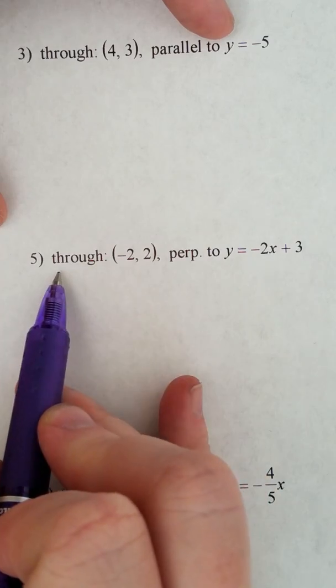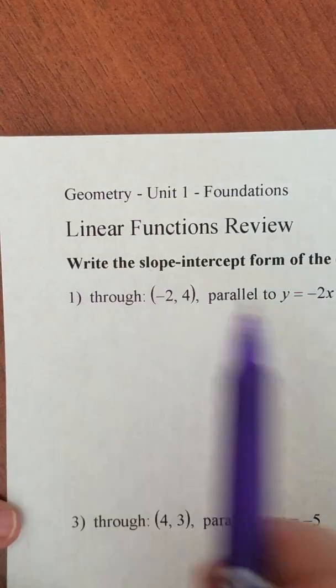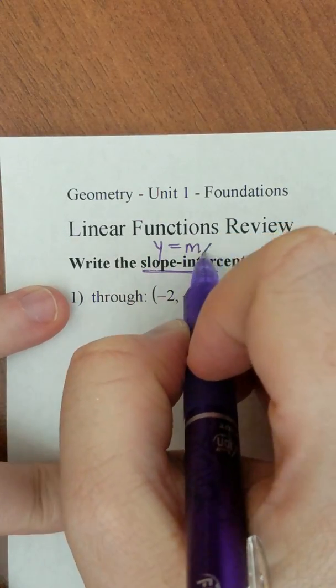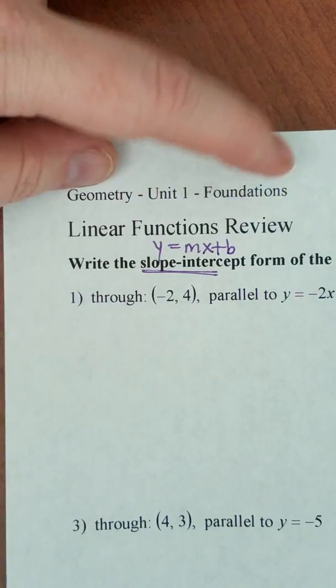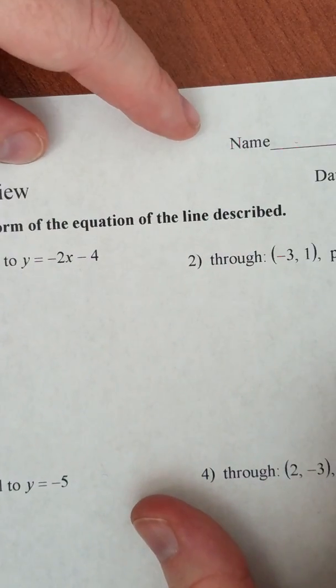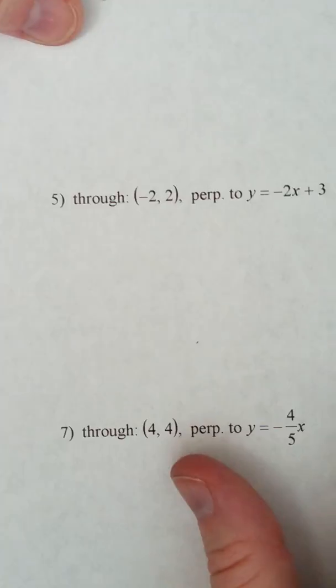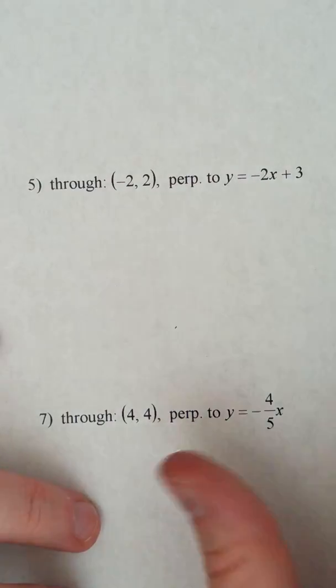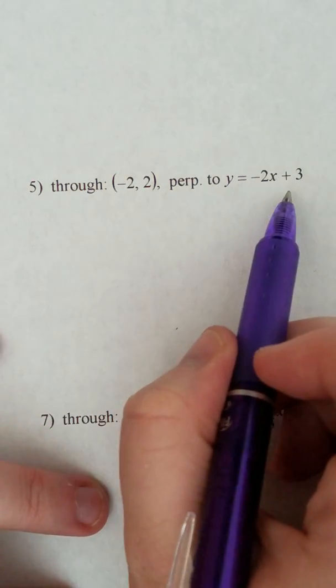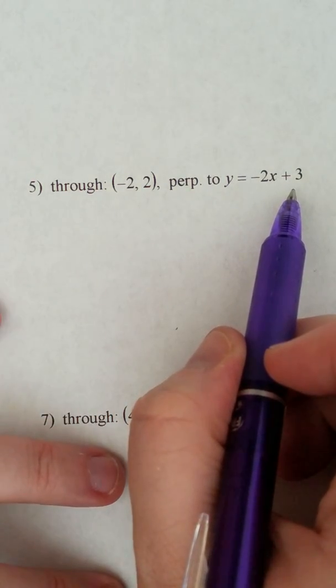So here I need to write the equation of a line according to my directions. I need to write the slope-intercept form, which we know is y equals mx plus b. I need to write the slope-intercept form equation of a line that is described. So for number 5 here, the line that's being described has to go through this point, and it has to be perpendicular to this line.